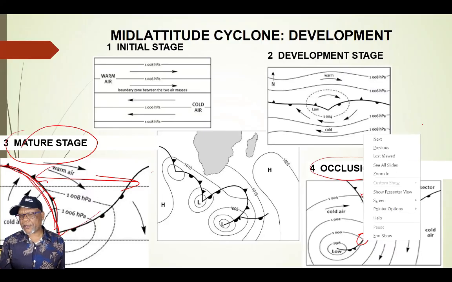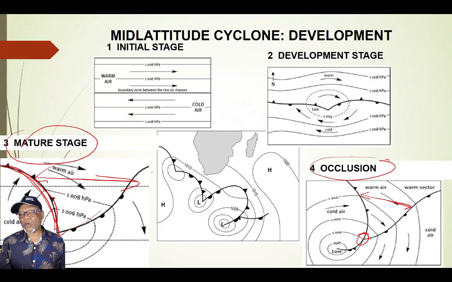And as the cold front catches up with the warm front, what do we get there? We get occlusion. So why does the cold front catch up with the warm front? Number one, the cold front moves faster. Why does it move faster? Because of the steeper gradient. And then it ends up catching up with the warm front. And why is the warm front moving slower?